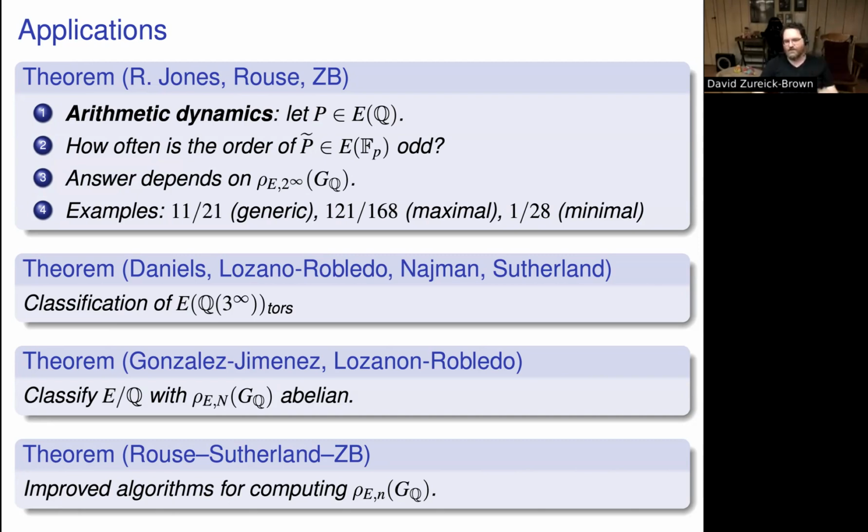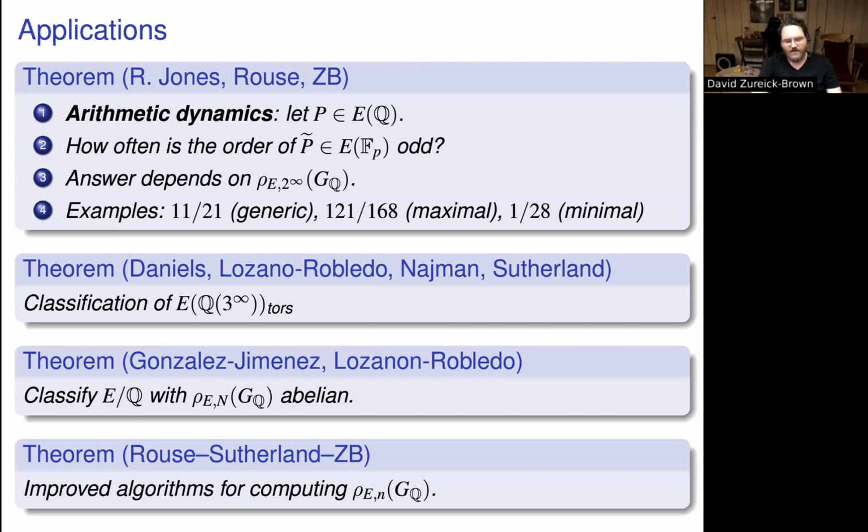There are others though, which are more about torsion: classifying the possibilities for, take an elliptic curve over Q, look at its torsion over the compositum of all cubic fields. And you can classify that completely. You can also classify when the image is abelian, but notice n is not prime here.